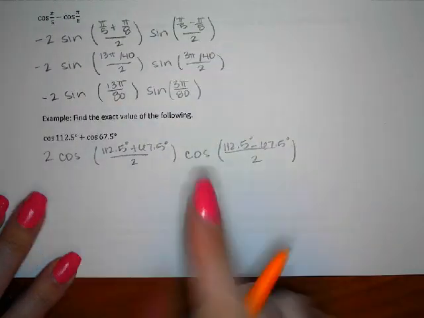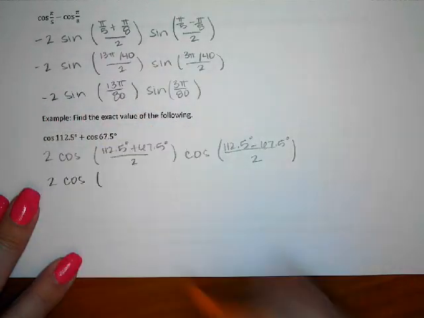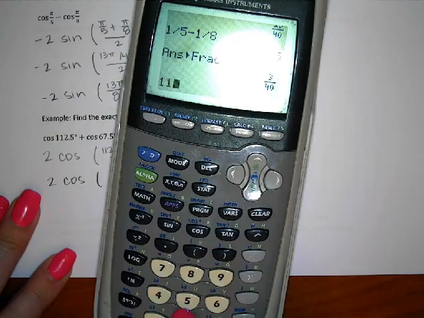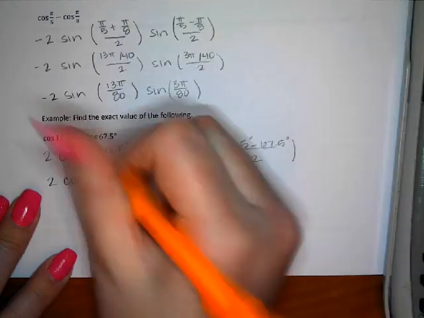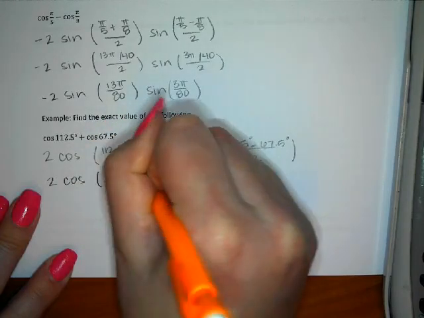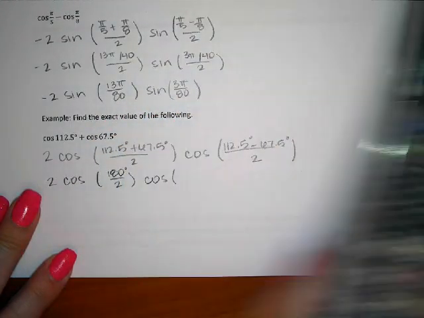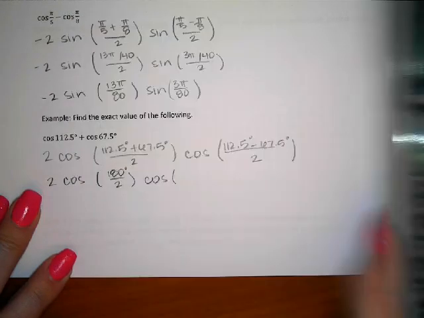So for the first one, that's 180 degrees divided by 2, and 45 degrees divided by 2.